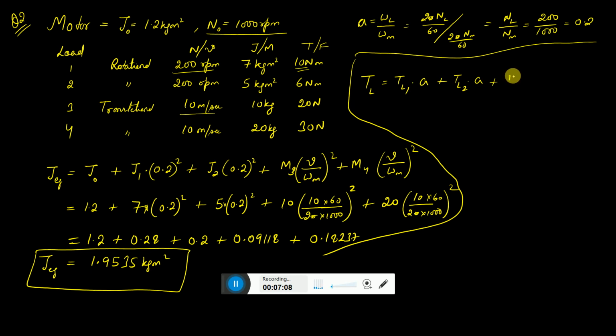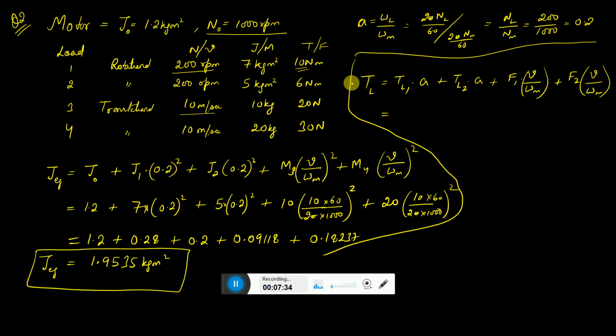Instead of velocity, V by omega M, F1, another is F2, Newton. It is given in force, V by omega M. So here the velocity is the same for both, so these things will be the same.